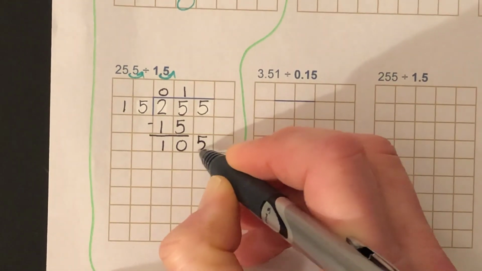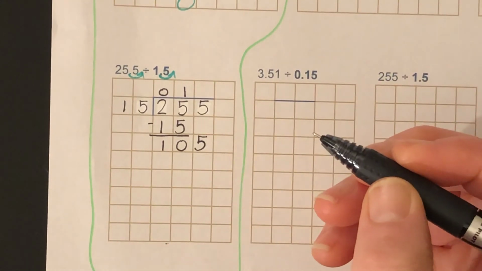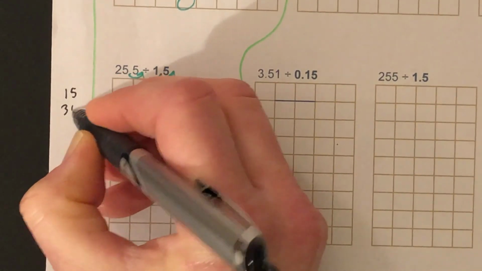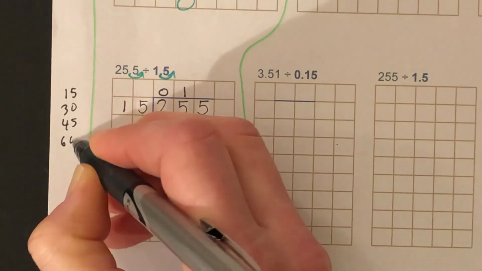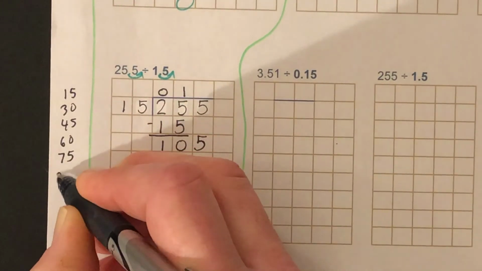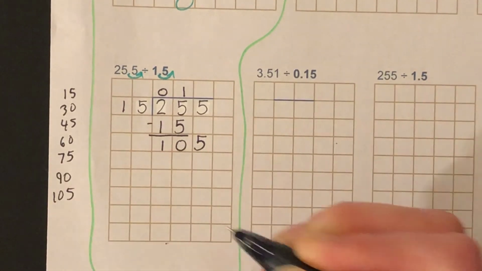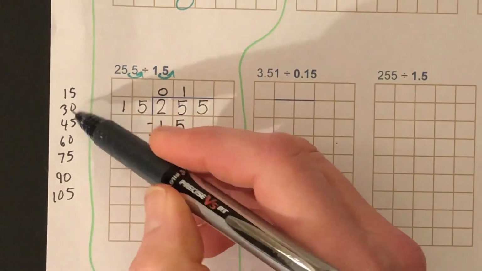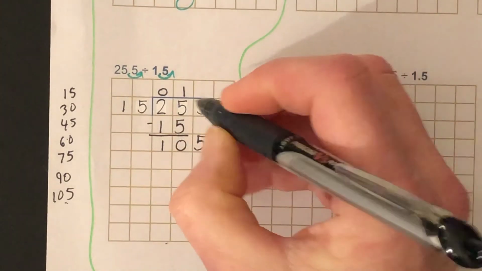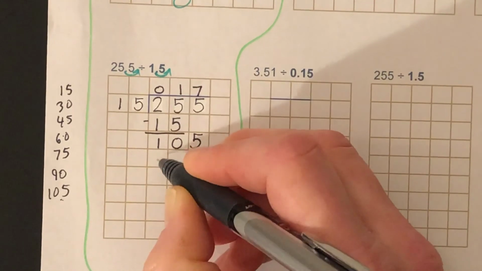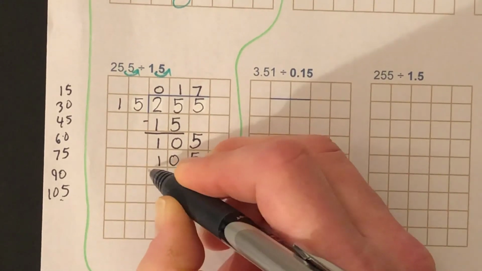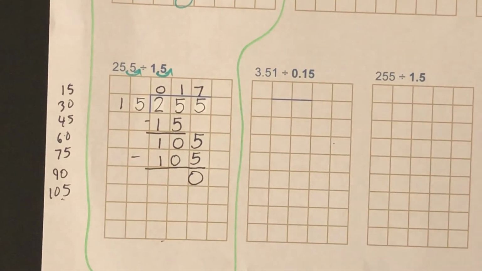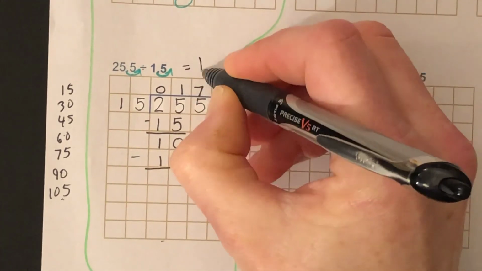Bring down the 5. Oh goodness. Let me think. 15, 30, 45, 60, 75, 90, 105. Ha! What do you know? It goes into 105. 1, 2, 3, 4, 5, 6, 7 times. 7 times 15 is 105. My final quotient is 17.